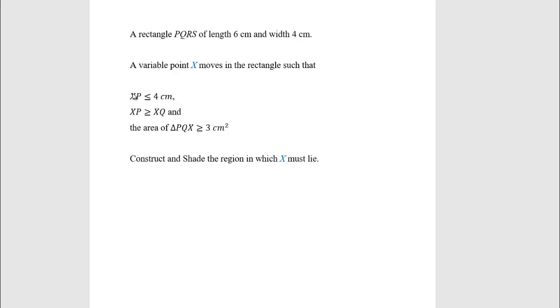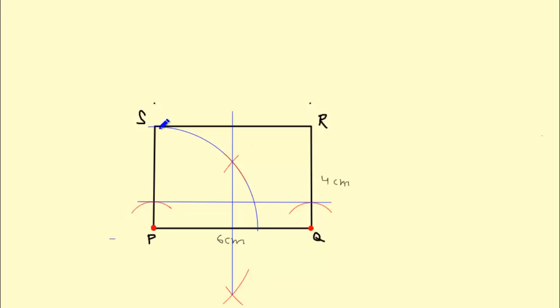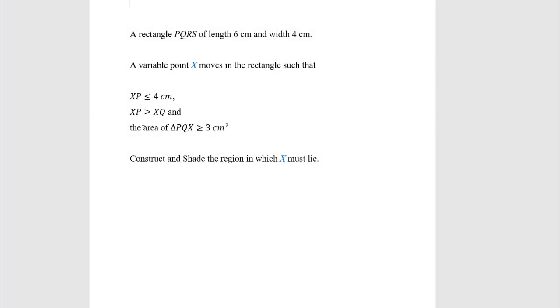X should be less than or equal to 4 centimeter from point P. So it will be on this arc, which is a portion of the circle, or inside of this circle. So just by reading the first statement, the locus of the point X will be on this circle or inside the circle.